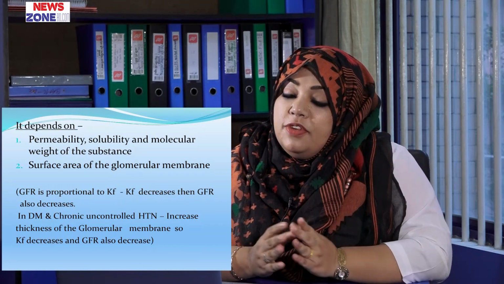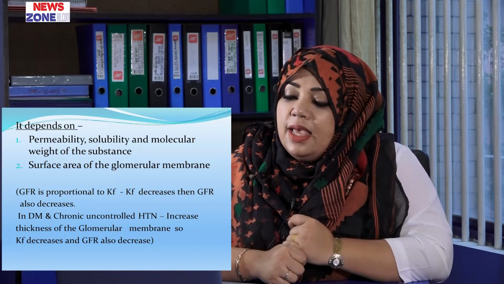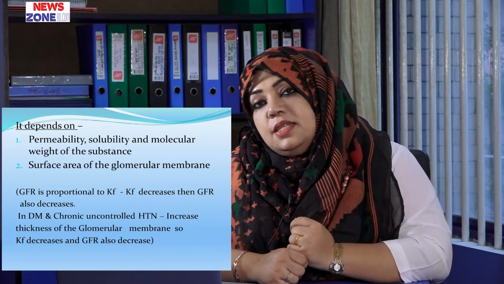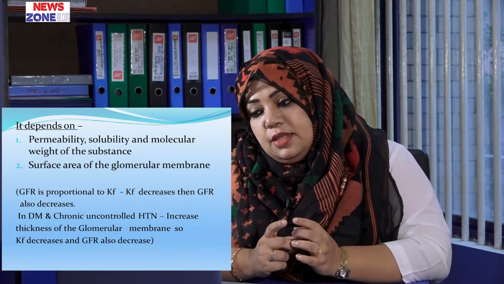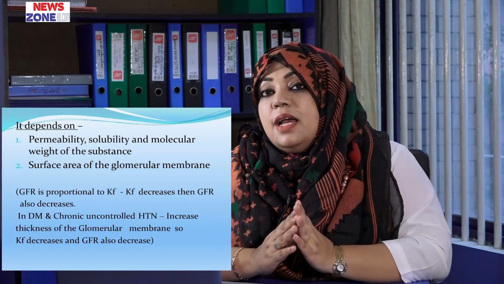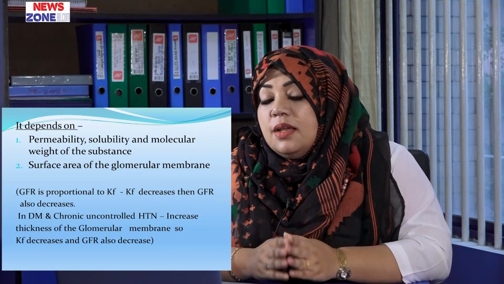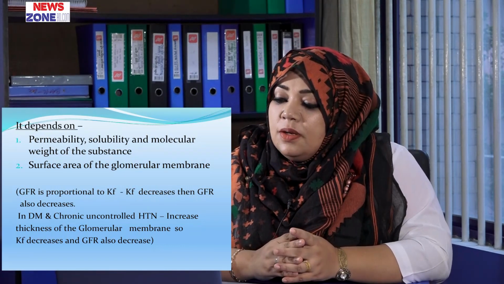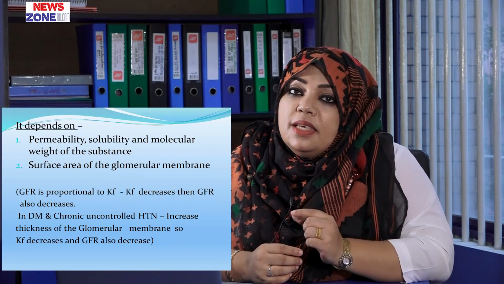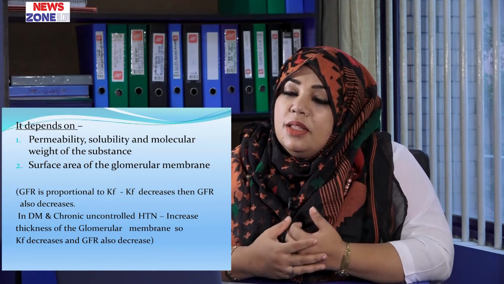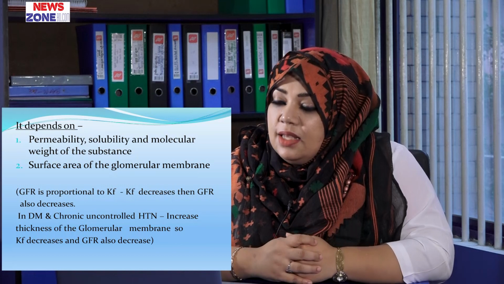So the filtration coefficient, that is Kf, decreases and GFR also decreases. So we can see that in diabetes mellitus and chronic uncontrolled hypertension, the glomerular membrane thickness is increased, and when the thickness is increased, there is less filtration.